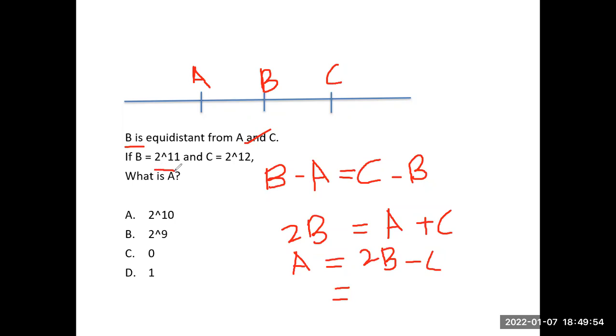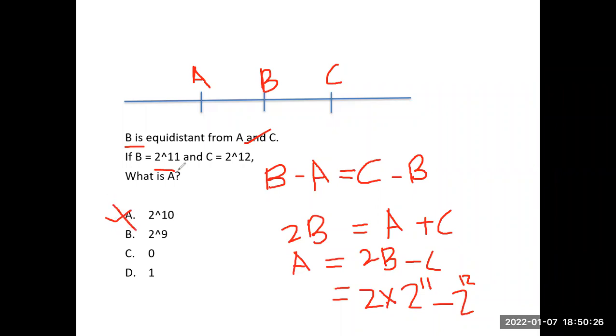B is 2 raised to 11. So 2B is 2 raised to 12. Right? 2 multiplied by 2 raised to 11 will be 2 raised to 12. So this is an easy question, but the trap answer is this, right? A lot of you would go for this, but the answer is 0.